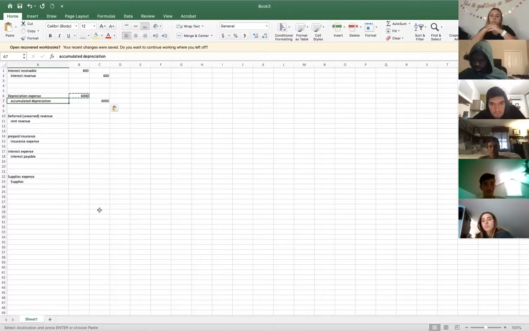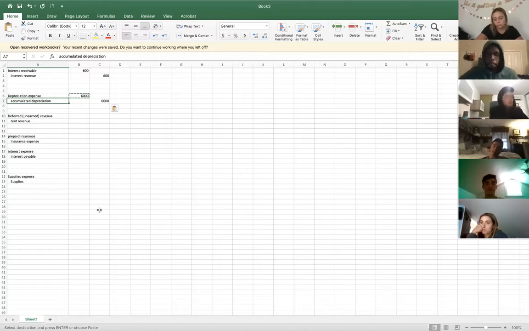The normal balance of the contra account is the opposite of the account it's linked to. So if it's a contra asset, it's going to have a credit balance because assets have a debit balance. What would the normal balance of a contra revenue be? Debit or credit? Debit, good, because it's linked to revenue accounts. Do y'all remember sales returns and sales discounts? Kind of a little bit. We'll be visiting those again. Those are contra revenue accounts. So accumulated depreciation is a contra asset account.